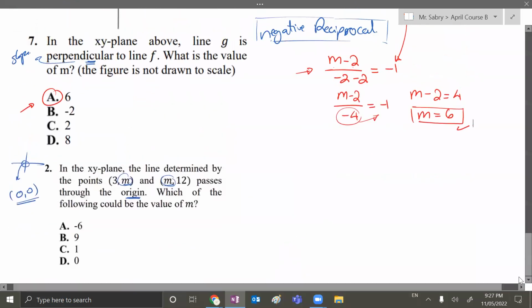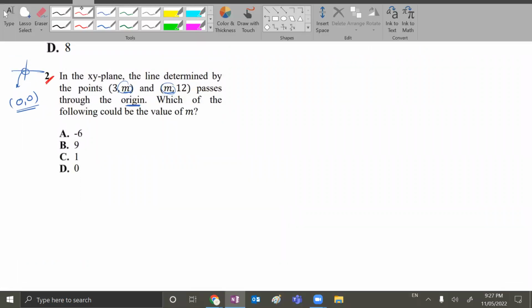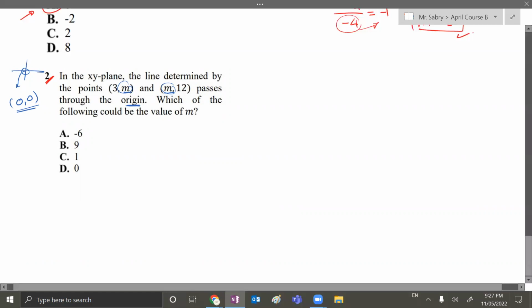Now, before we move on, I didn't finish 12 actually. In this one I was just saying that whenever we have 3 points on the same line, let's say A, B, and C, if I calculate the slope of B and C, it should be equal to the slope of B and A, or equal to the slope of A and C. Meaning if I take any 2 points on the line, I must get the same slope.